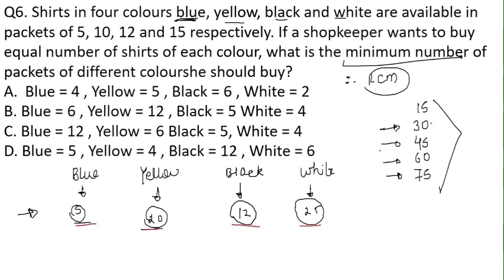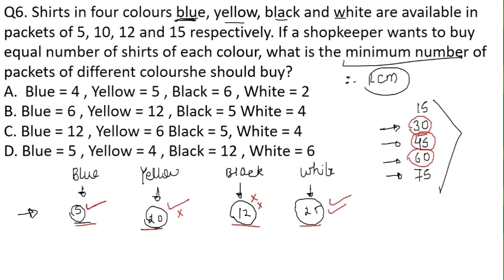For example, let us consider the first number here, 30. Now 30 comes in the table of 5, the table of 10, and the table of 15, but it does not come in the table of 12. Let's move to the next number, 45. Now 45 comes in the table of 5 and the table of 15, but not in the table of 10 or 12. The next number is 60.